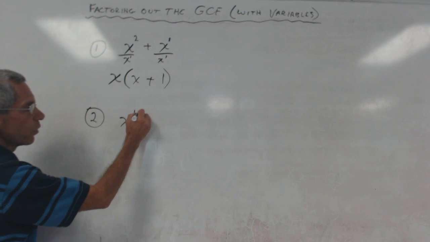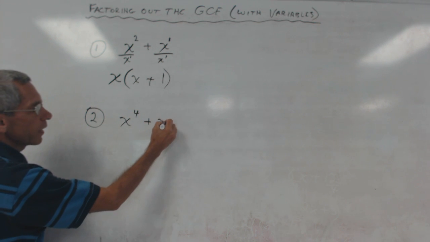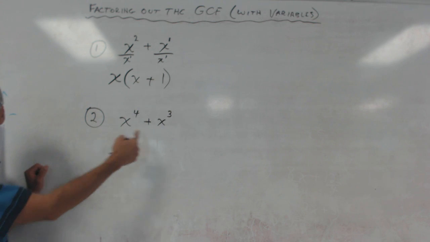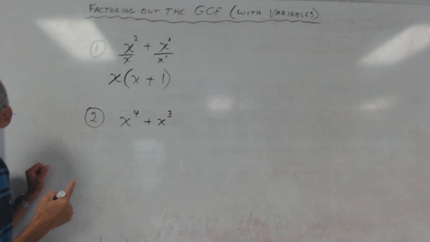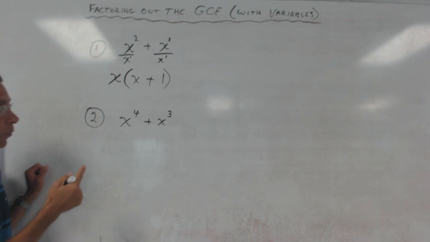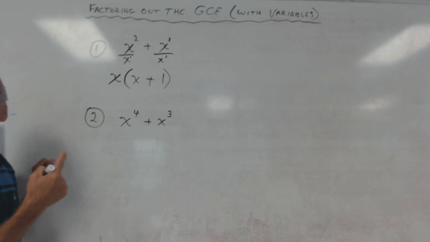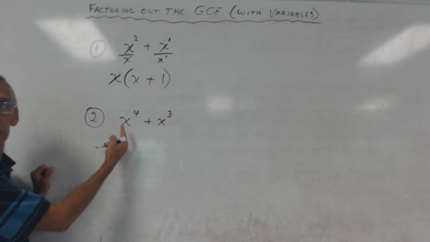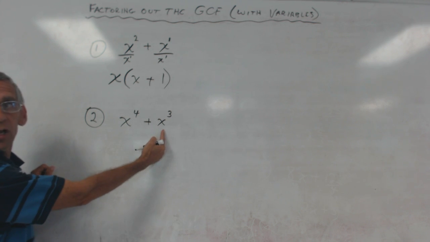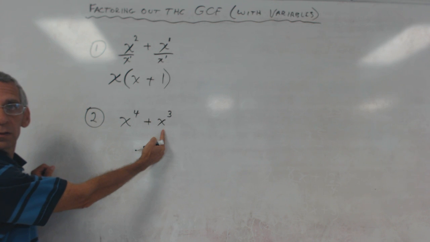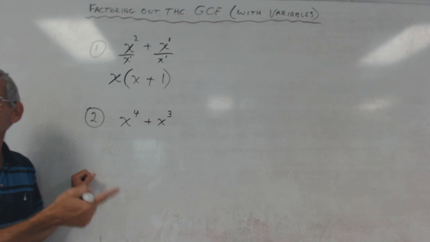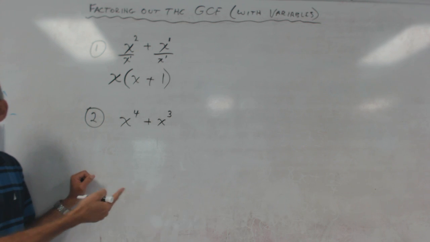X to the 4th plus x to the 3rd. What do they both have in common? Well, they both have x's, but what's the largest number of x's this has? 4. It's x times x times x times x. And what's the largest number of x's this has? 3. I'm looking for the greatest common factor, the biggest number of x's that I could take out of both.